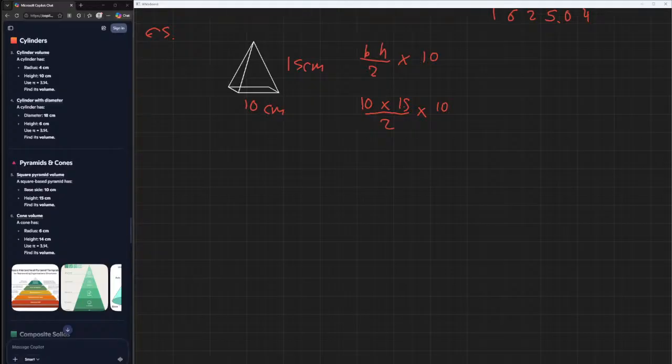Divide by 2 is 75, right? 75 times 10 is 750 centimeters cubed, maybe.